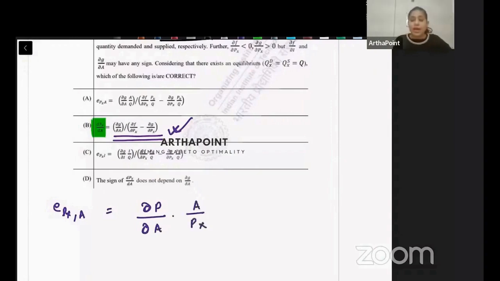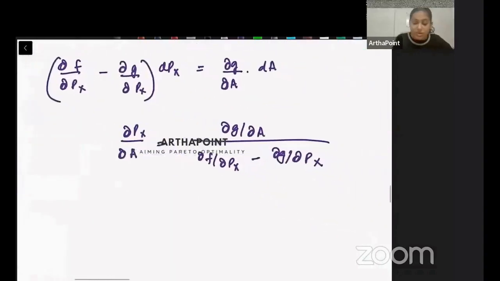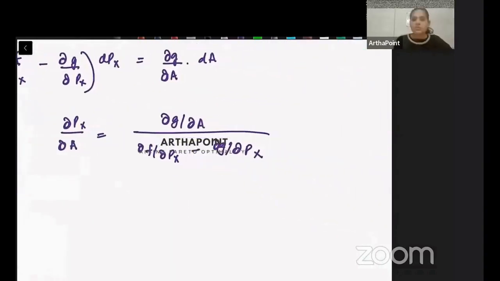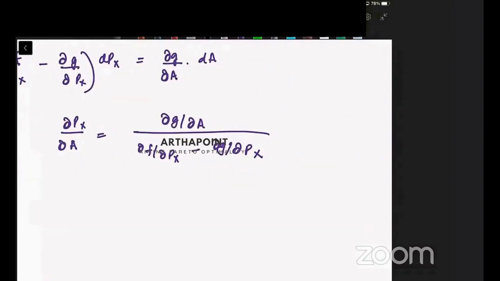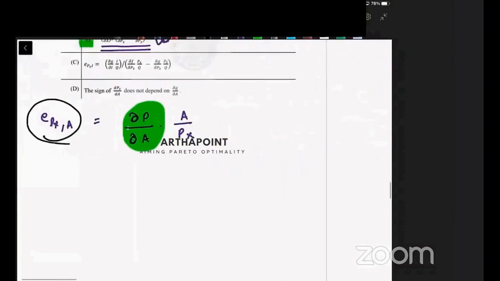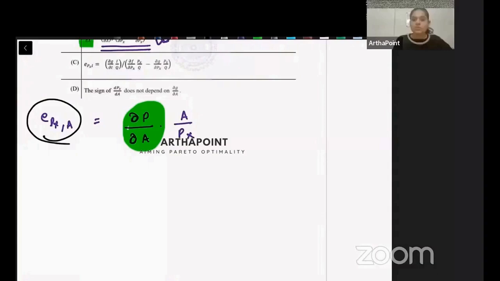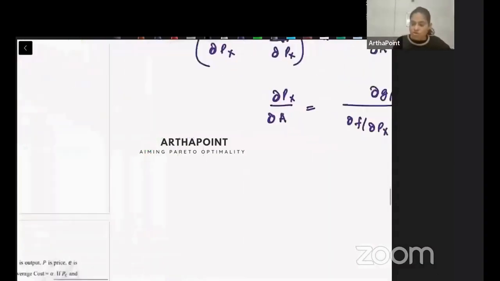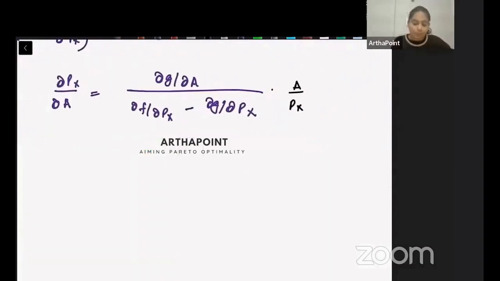I have already found this value, here it is. So I can multiply this by A by Px, and I get the value of elasticity. So just multiply it. This is my answer.